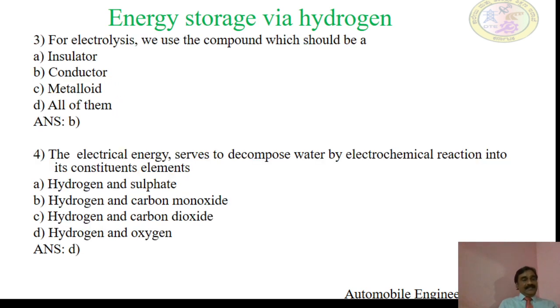The third question is: for electrolysis we use a compound which should be an insulator, conductor, metalloid, or all of them.